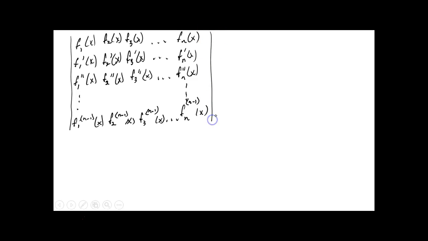This now, an array of numbers or functions or whatever are there, and a determinant tells you to do something very special with that array. Now, I didn't leave enough room, so I'm going to write this on the other side. This determinant is called the Wronskian of these functions, f1, f2, f3, dot, dot, dot, up to and including f sub n. That's the Wronskian of that set of functions. Okay?